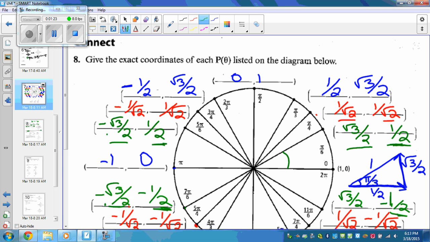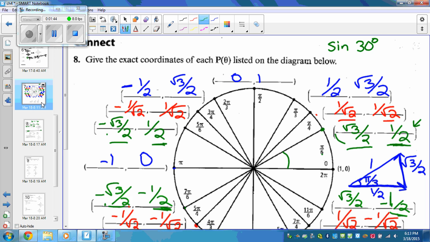So in other words, with all of this work that we just did, if I wanted to know the cos of pi over 6, it is simply the x coordinate right here of this point. If I wanted to know the sine of pi over 6, that's just 1/2. Try that on your calculator. Sine of 30. Do you get 1/2?